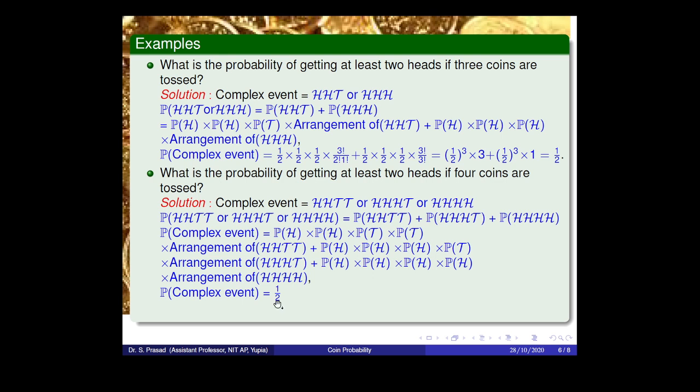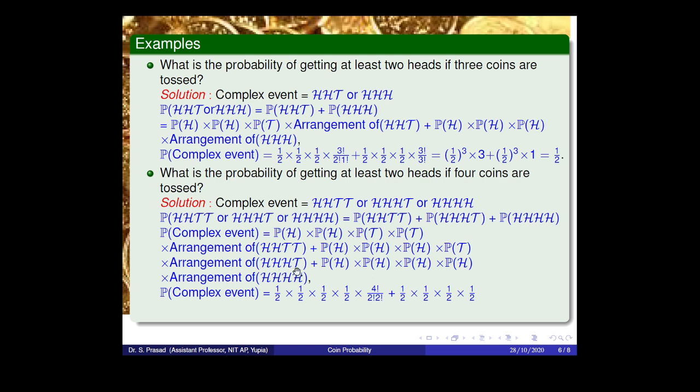Probability of H is half, probability of H is half, probability of T is half, probability of T is half, into arrangement of HHTT. Here it is 4 factorial upon 2 factorial into 2 factorial, and then we move for the plus. Here probability of H is half, H is half, H is half, probability of T is half, into arrangement of HHHT.